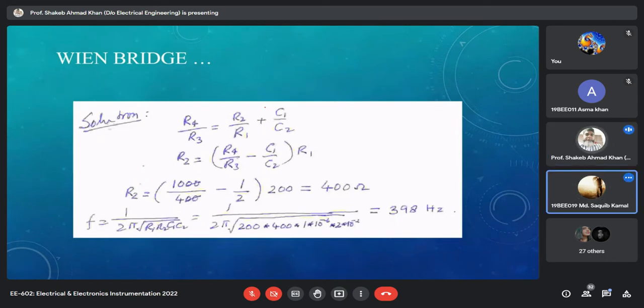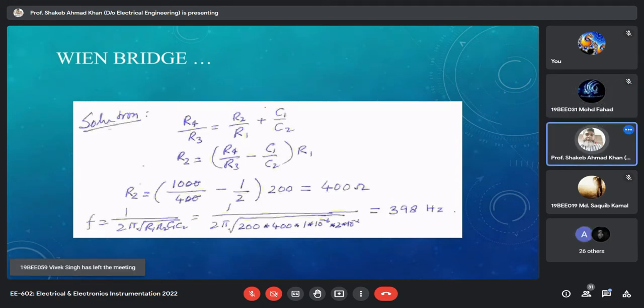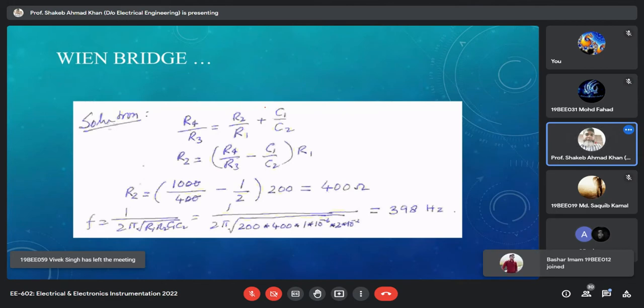Sorry, 398 hertz, and 400 ohm. Anyway, the main thing is that you should be able to balance the bridge, derive the balance equation, and then put in the values. If anybody is having any difficulty, you can ask, please.